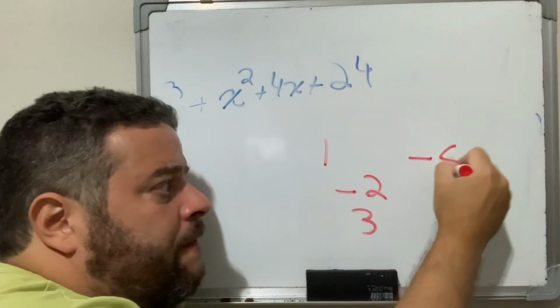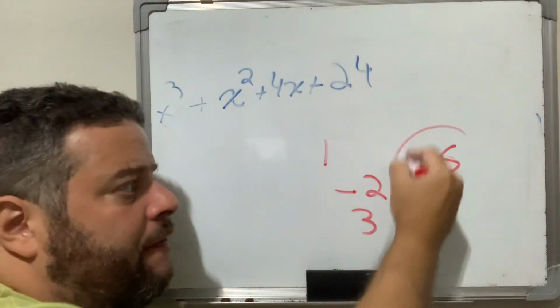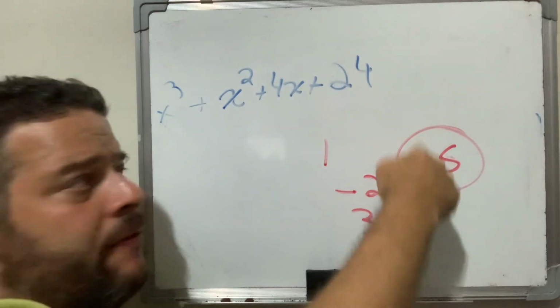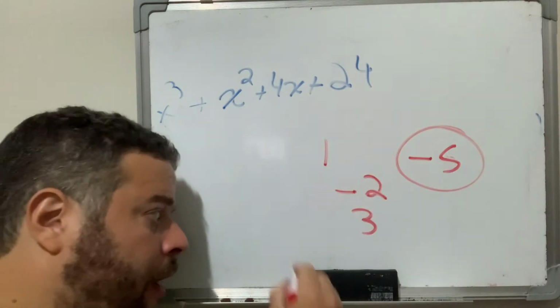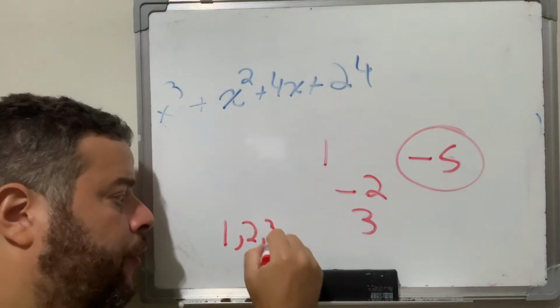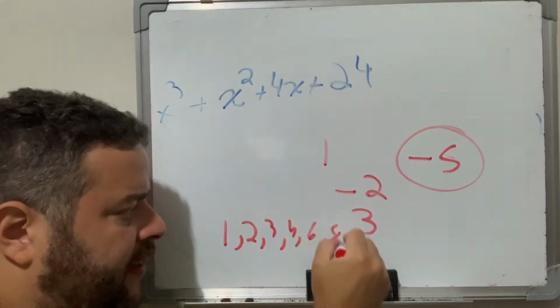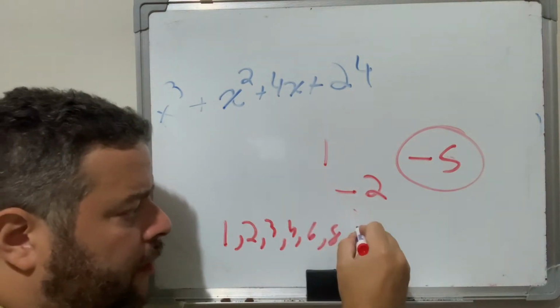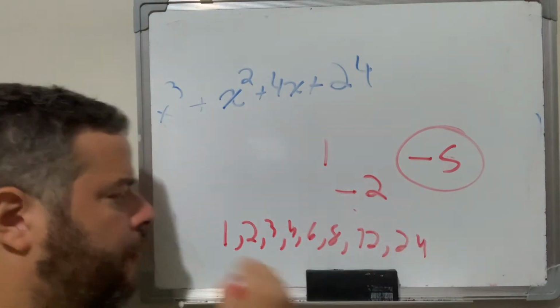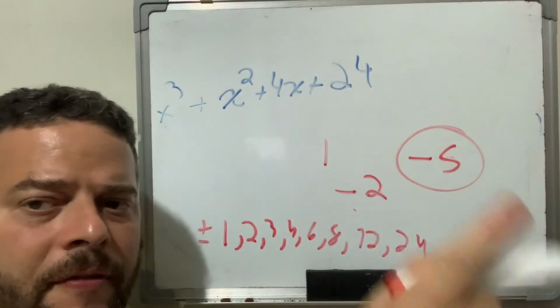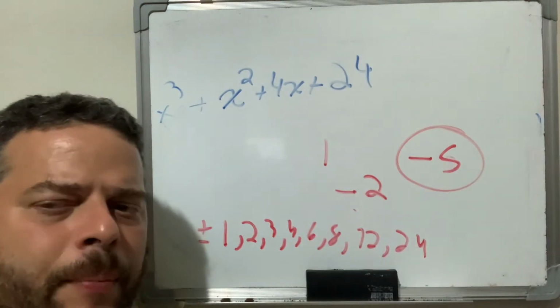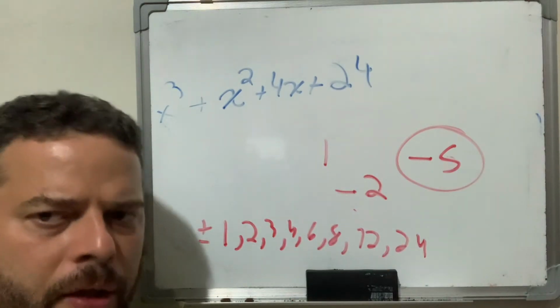Could negative 5? No, because negative 5 is not a positive or negative factor of 24. The factors of 24 are 1, 2, 3, 4, 6, 8, 12, and 24. If it's not one of these numbers, either positive or negative, it will never be a solution to this polynomial.